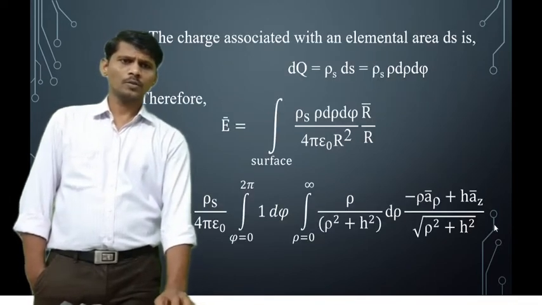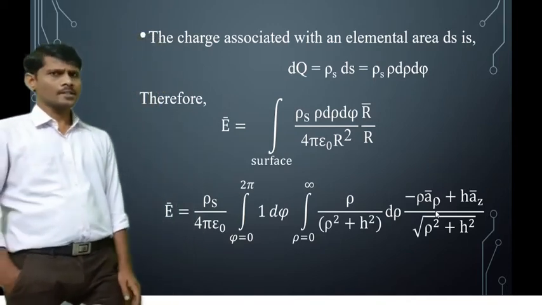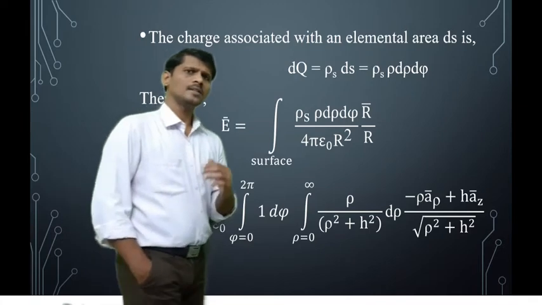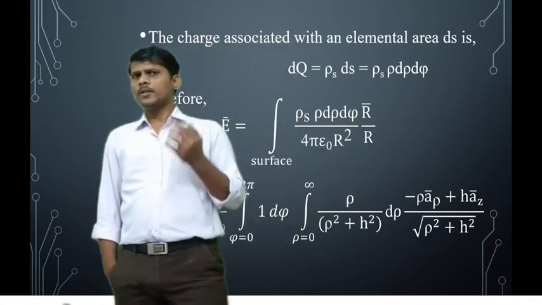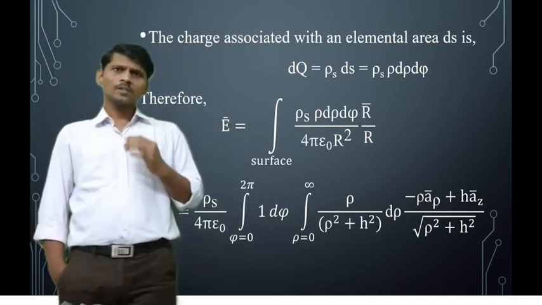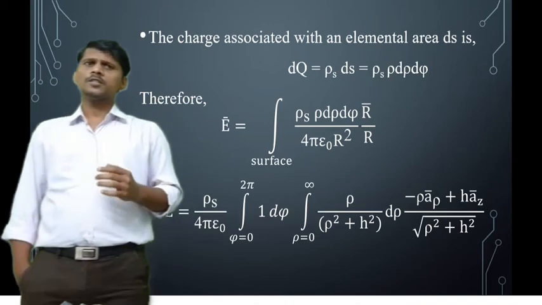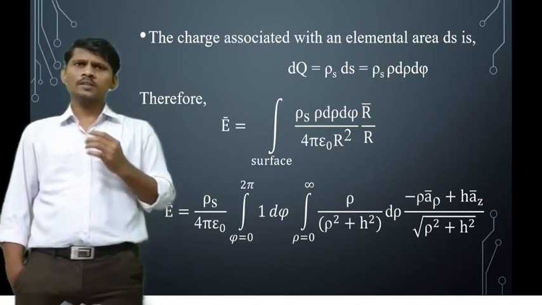Now in this equation there are two components. What are the two components? The a_rho bar component and the a_z bar component. Here the electric field intensity is determined at point P. That point P is on the z axis. Because of that, the electric field intensity varies only in the a_z bar direction, not in the a_rho bar direction.